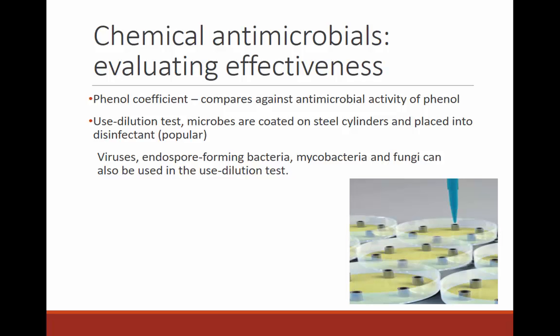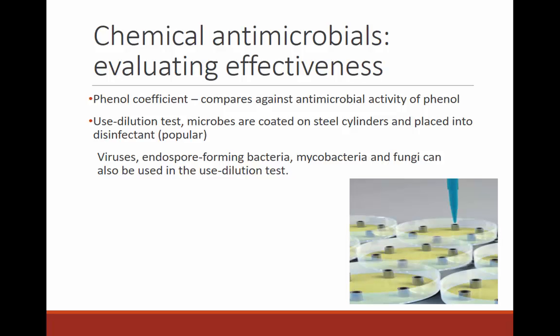You've got the use dilution test as well. Now this is quite interesting, and you can see in the image there's petri dishes with little metal cylinders. Okay, so one of these tests is that the 10, 30, 60 little cylinders are filled with a particular concentration of microbe, of a particular species.